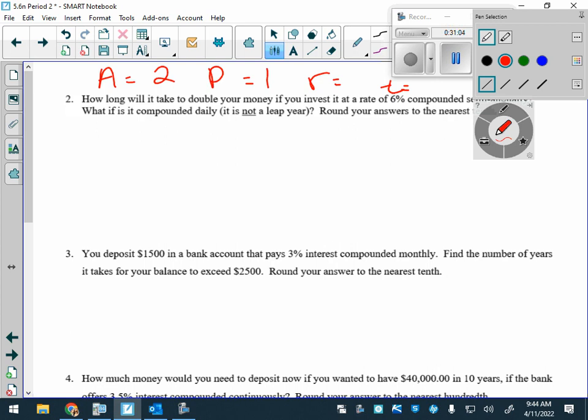So, our rate, 6% as a decimal, would be what? 0.06. And the first one we're looking at is semi-annually, 2. We're finding what T is. So, we have 2 equals 1 plus 0.06 over 2 to the T.